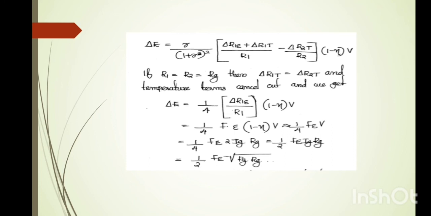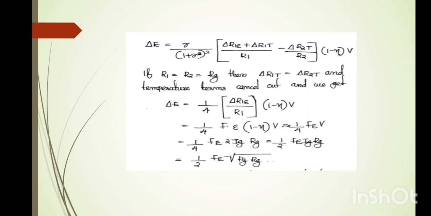Therefore, we can substitute in terms of Ig, Rg, Pg and Rg. At last we get the equation delta E equal to 1 by 2 into F epsilon into root of Pg Rg.